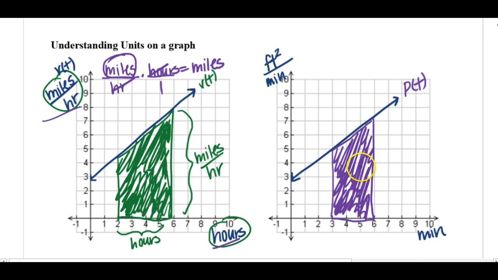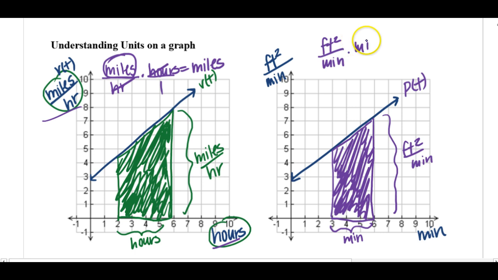I'm asking us to understand what that area represents in the context of the problem. So I'd have to multiply the base units, minutes, and the height units, feet squared per minute. If I multiply feet squared per minute times minutes over 1, what cancels is the minutes, so what's left is feet squared.